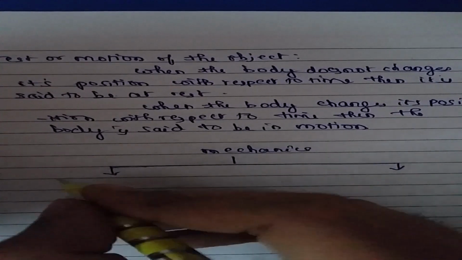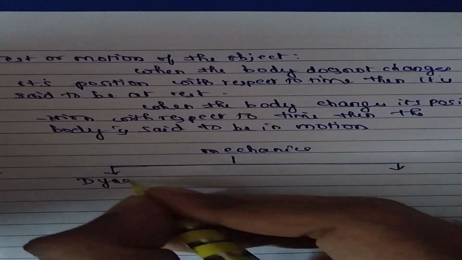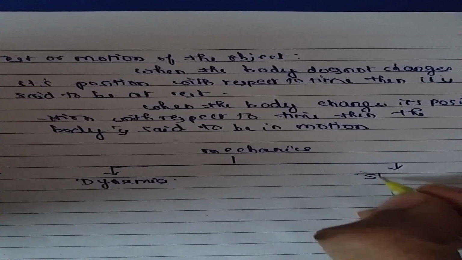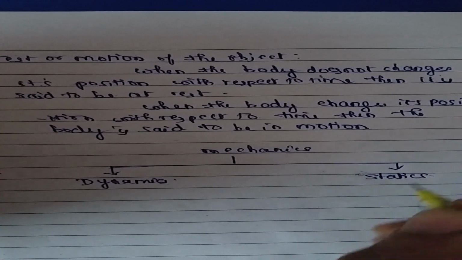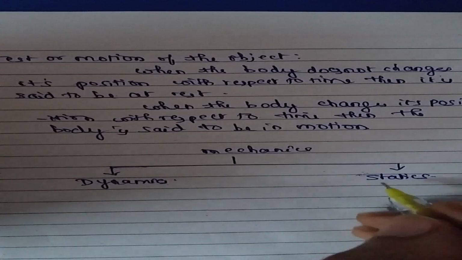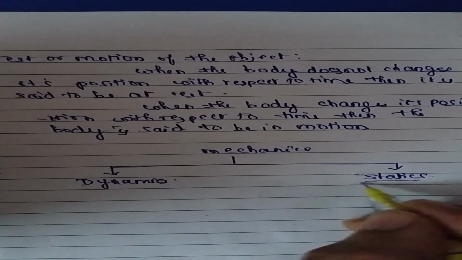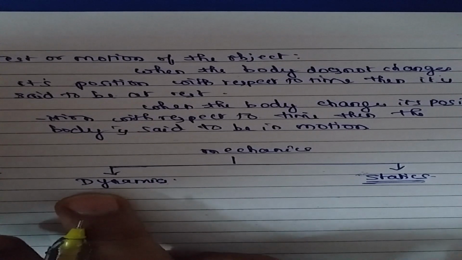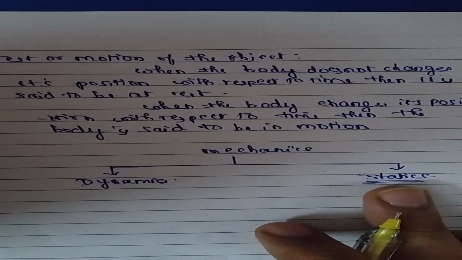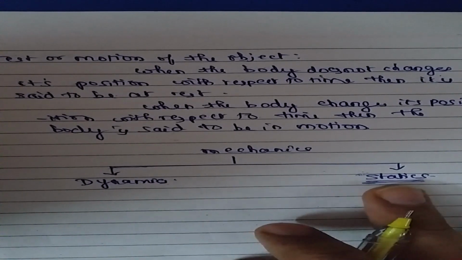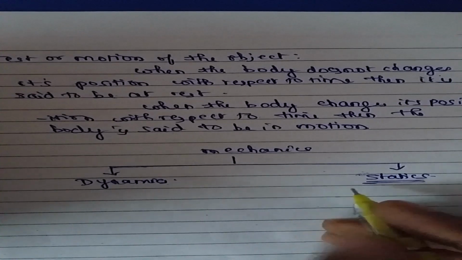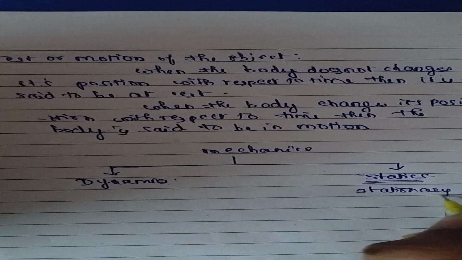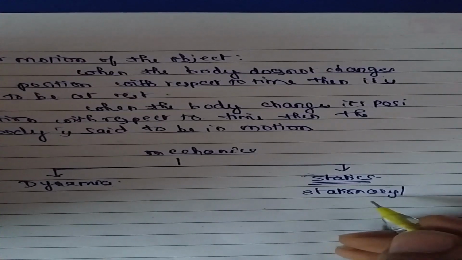The first one is dynamics and the second one is statics. Okay, first we can discuss statics, then we can move on to dynamics. Statics, as the name itself suggests, means stationary or stagnant.